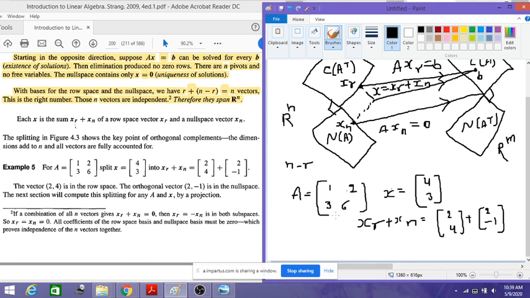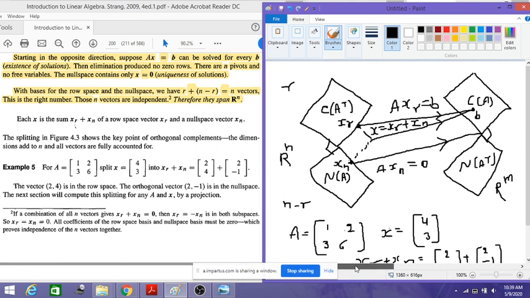Next we will talk about the projections.